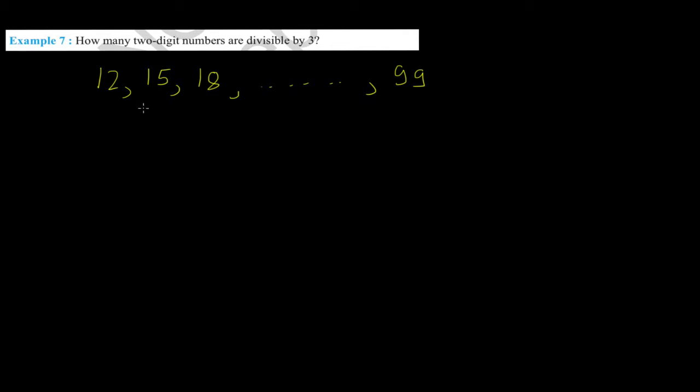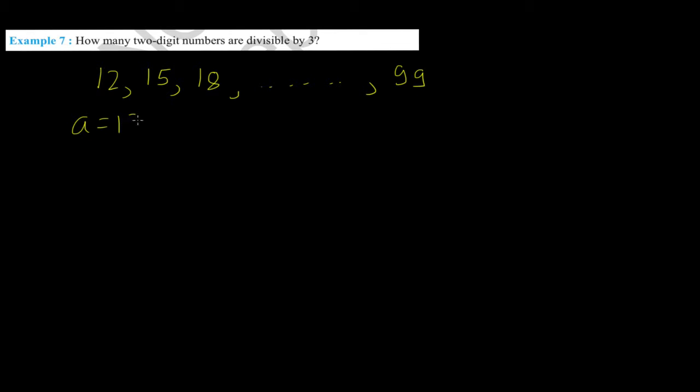Okay, so we need to just find how many terms there are in this AP. We know the first term, we know the common difference, we know the last term. We just need to find the value of n, how many terms there are.